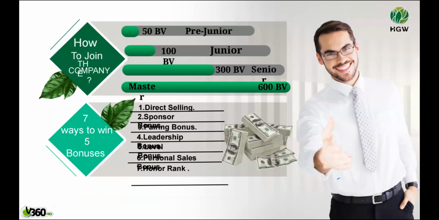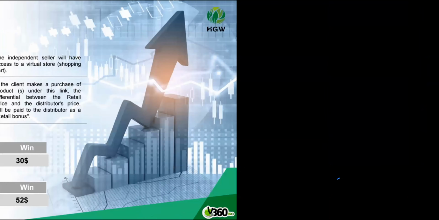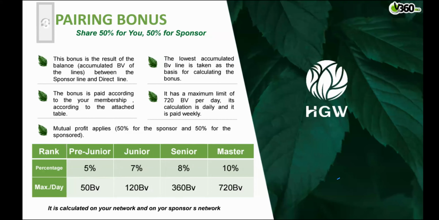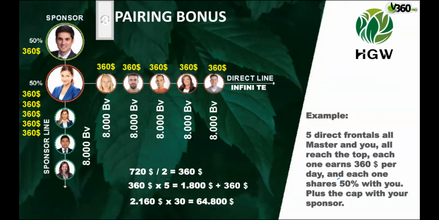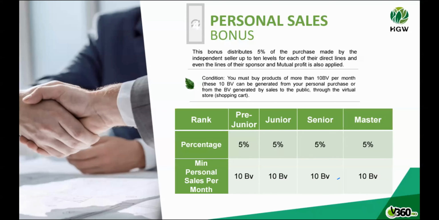So, what does the personal sales bonus say? The condition is you must buy products of more than 10 BBs per month.